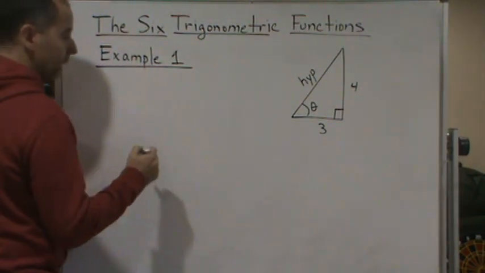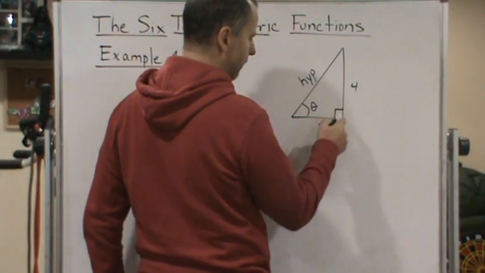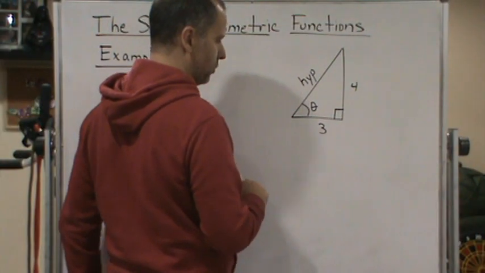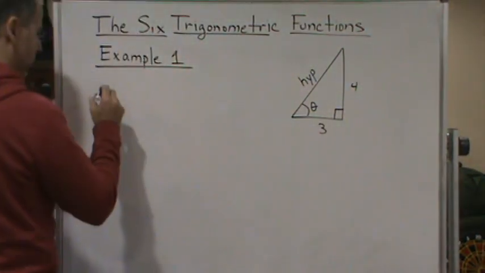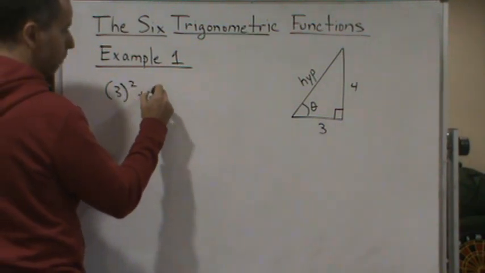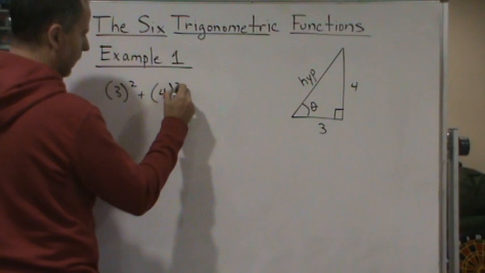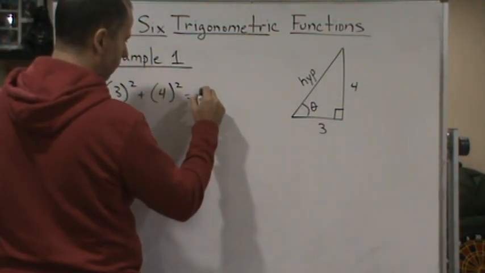So we know that these two legs squared have to add up to the hypotenuse squared, right? So a squared plus b squared equals c squared. So 3 squared plus 4 squared has to equal the hypotenuse squared.